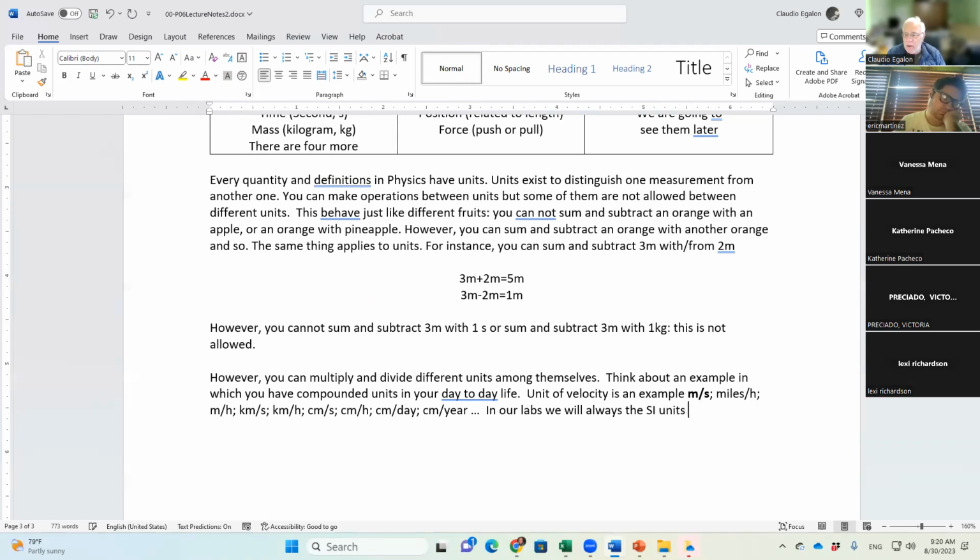SI units, International System of Units. SI stands for International System. And by the way, this abbreviation is from the French language.